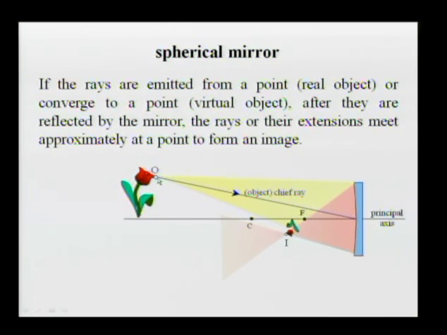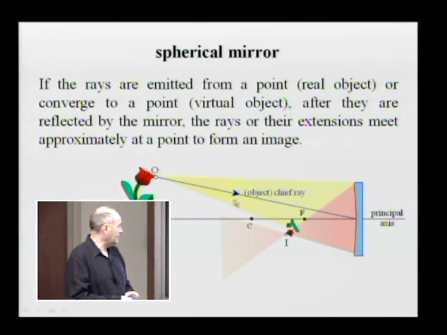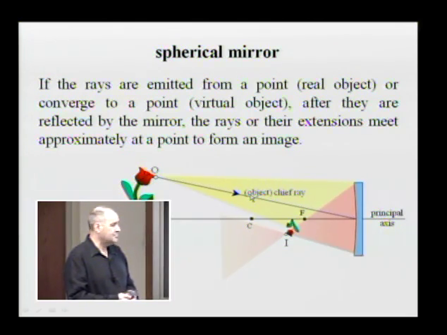The ray which I mark from the object to the point where the principal axis crosses the mirror is called the chief ray. And I want you also to add the word object in front.